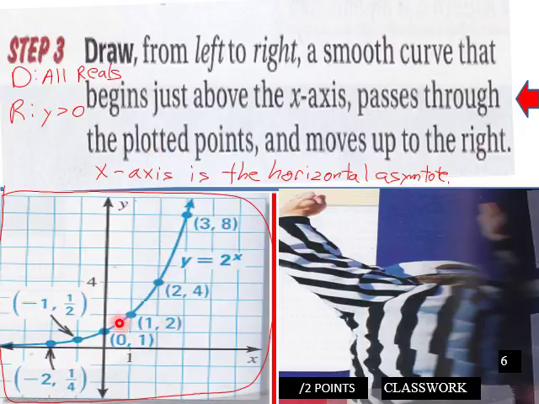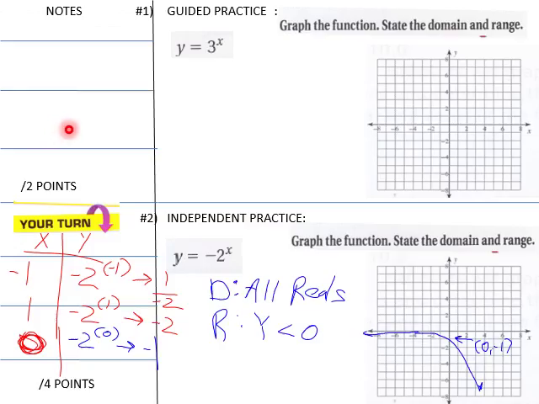That's the function, yes. The x-axis is the horizontal asymptote. Here's your horizontal asymptote. Draw from left to right a smooth curve, and you plot from your table here, or you just use a graphing calculator, you know what I'm saying? You don't need to use a table.